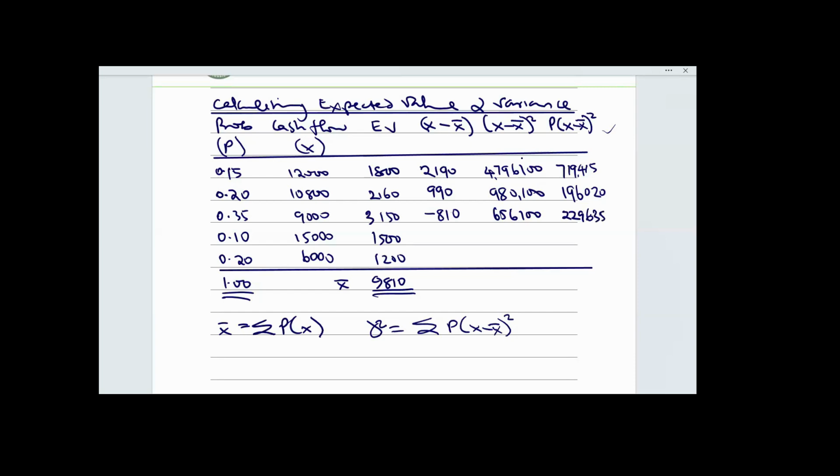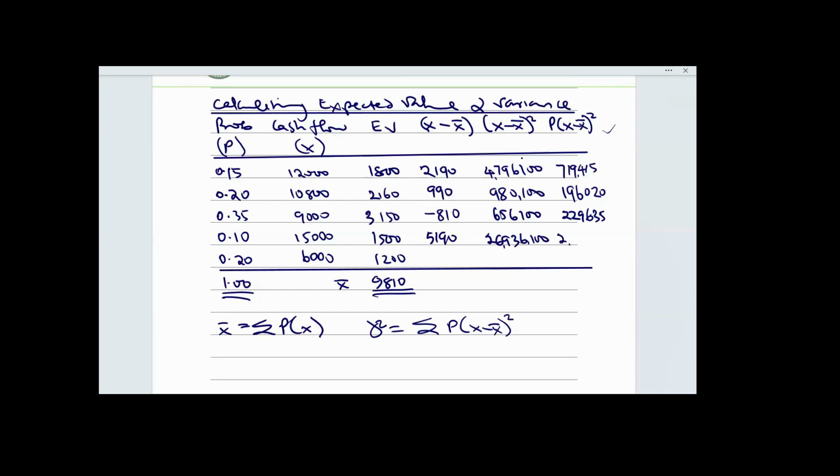Then the next one, 15,000 minus 9,810. That's 5,190. 5,190 squared is 26,936,100. Multiply by 0.1.